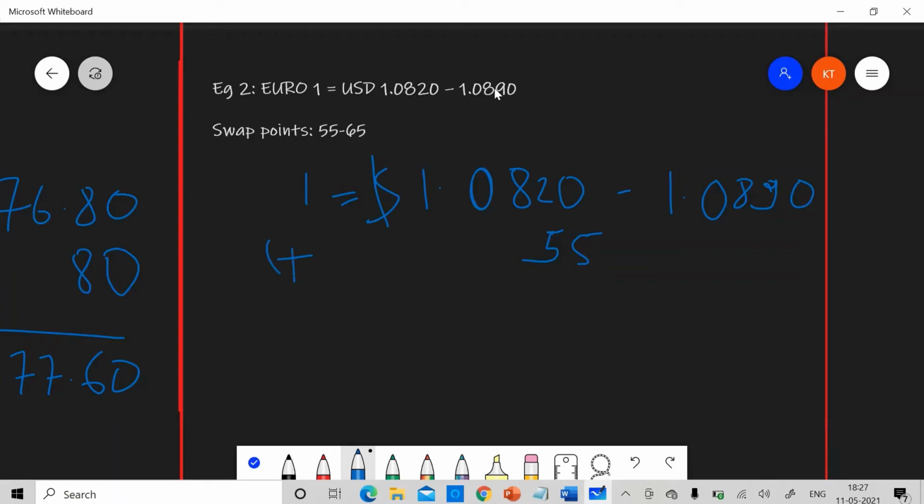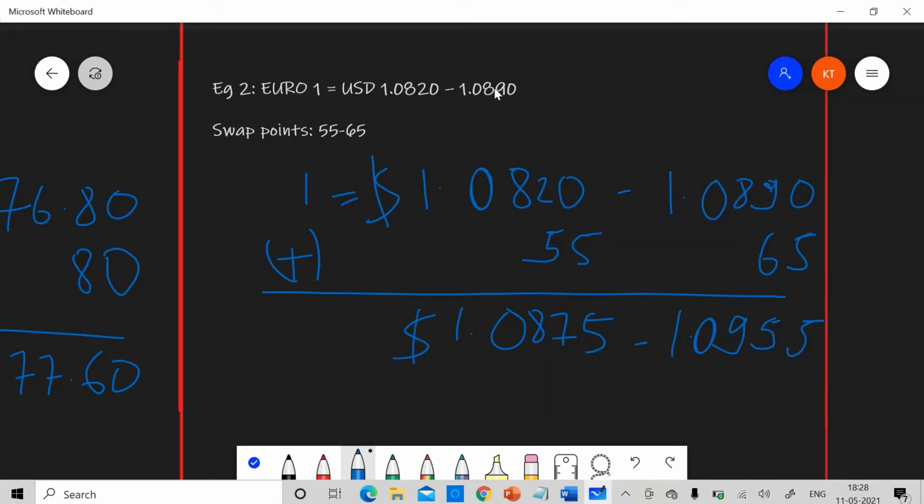So we are adding right from the last decimal. You start writing in reverse order and then add it. So we'll have 1 euro equals dollar 1.0875 to 1.0955 as the forward rate, given this spot rate and the swap points.